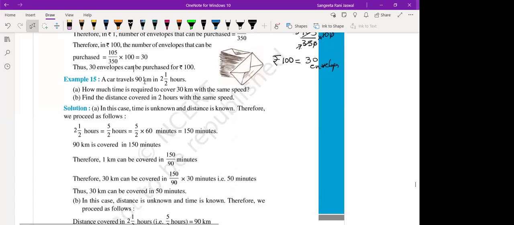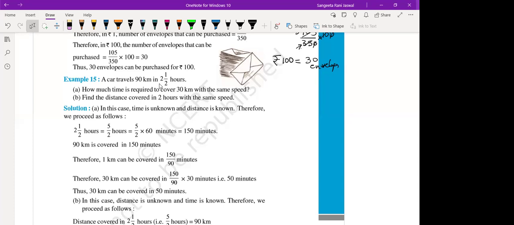A car travels 90 kilometers in 2.5 hours. How much time is required to cover 30 kilometers with the same speed? Now the car is traveling 90 kilometers in 2.5 hours. How much time is required to cover 30 kilometers? In this case, the time is not given to you, the distance is given.